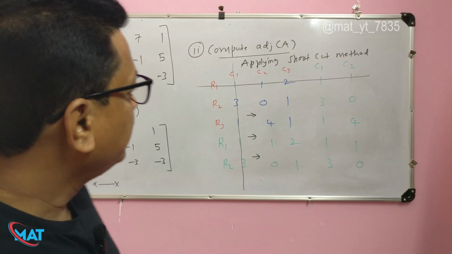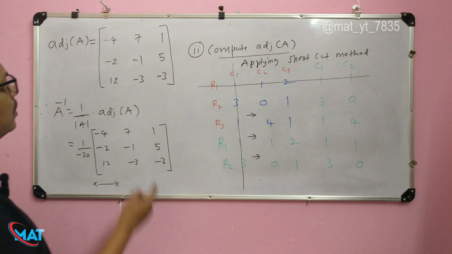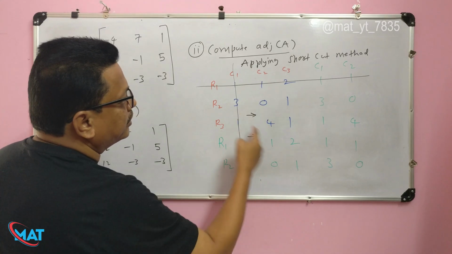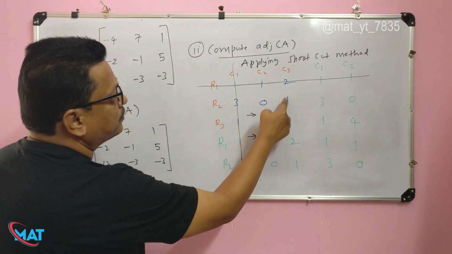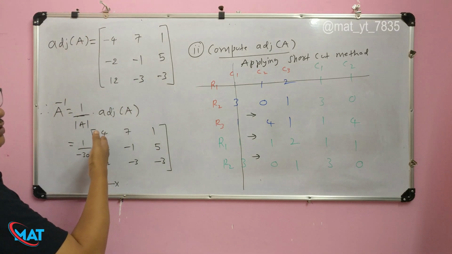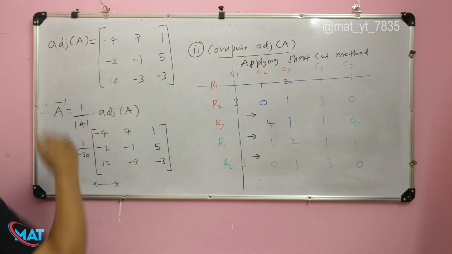So here it is ready, the adjoint of the square matrix. As I told you, how you got these elements. This direction, take this 4, 0, minus 4, negative 4. Write column wise. Compute like this, write column wise.